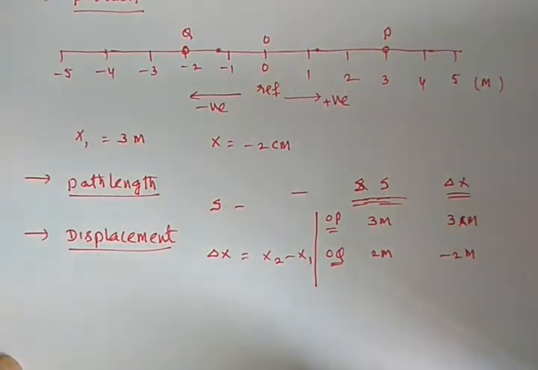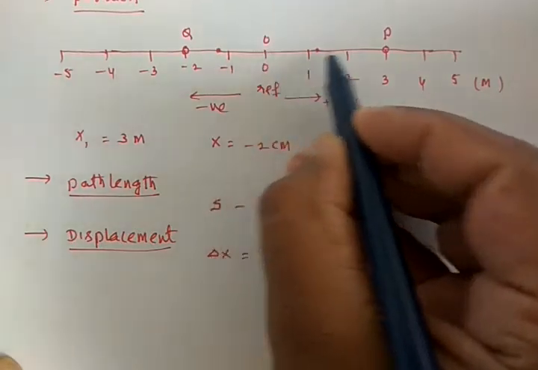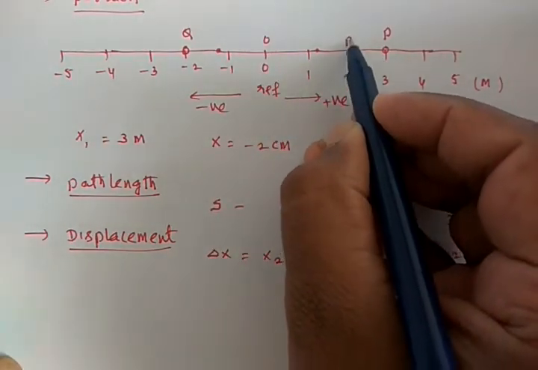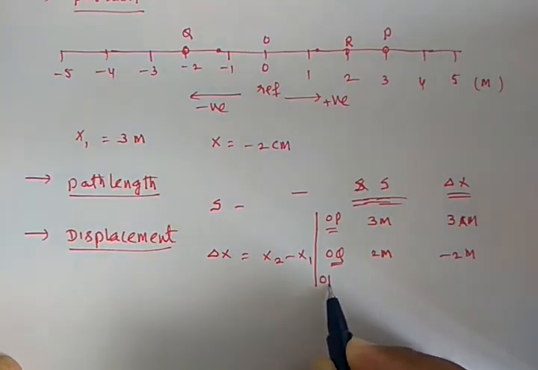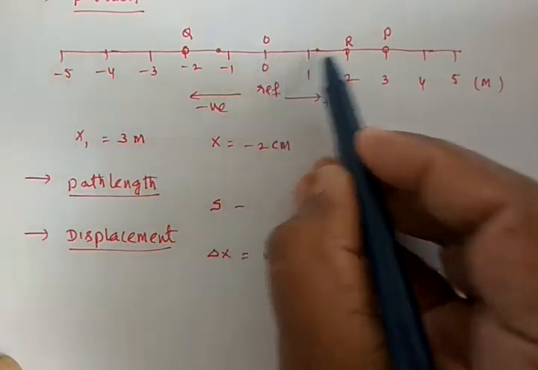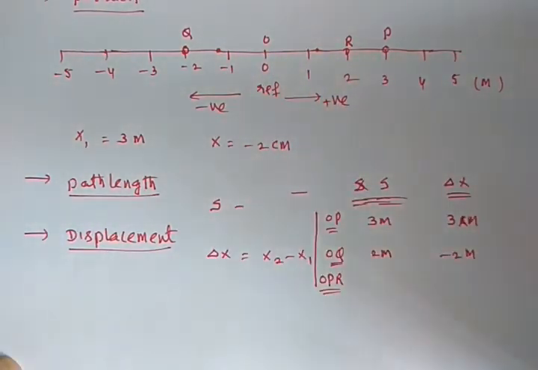So let us take one more path. Object is going from O to P and P to, let us say, R. So now the path is OPR. So it's going from O to P and P to R. Immediately it is returning.